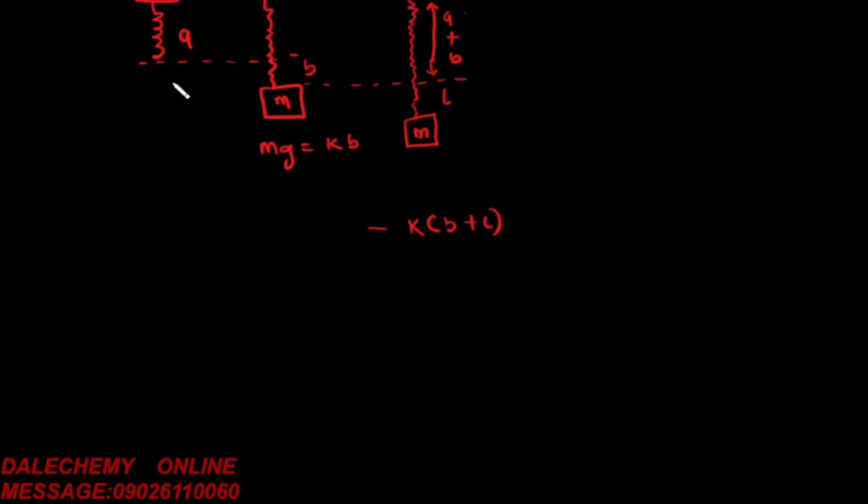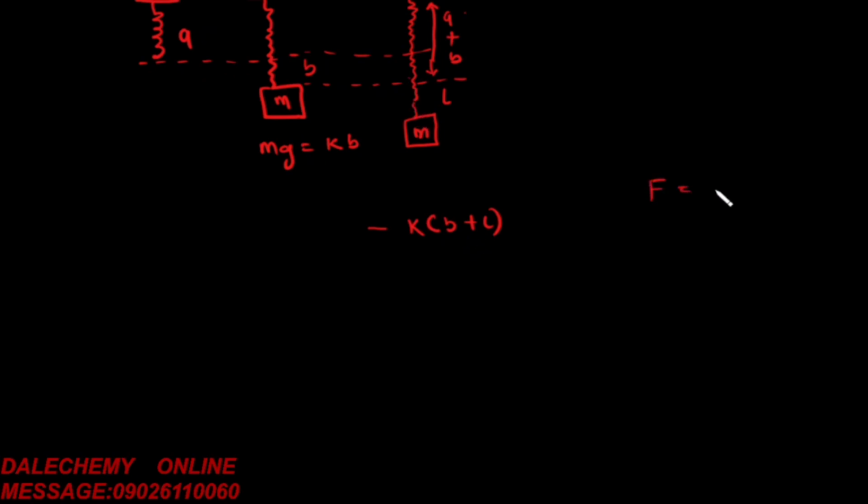The force that wants to restore it back to its initial position will be minus k, then the total extension, because this part is b and this part is L. So that's why we have it here.